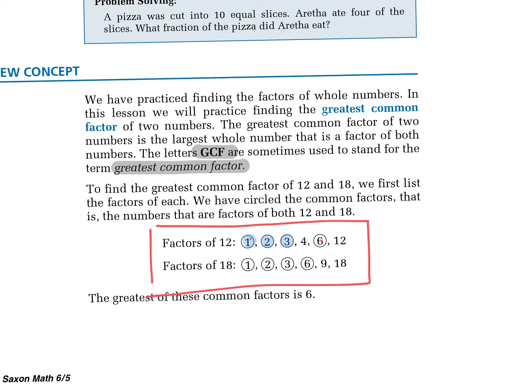So 12 and 18 both have 1 as a factor, both have 2, both have 3, and both have 6. To find the greatest common factor, it would just be the greatest number in the list of common factors. So that would be 6. 6 would be 12 and 18's greatest common factor.